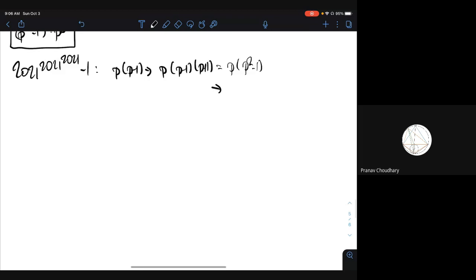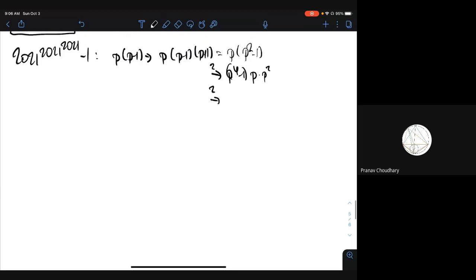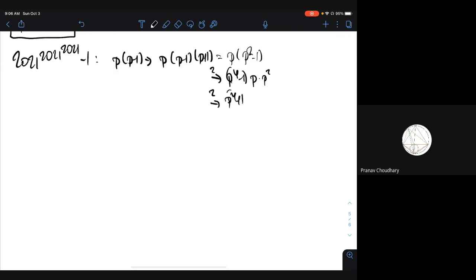And then from here, after two steps, by multiplying by p squared and then p squared plus 1, we can go to p to the 4th minus 1 times p times p squared. And then after two more steps, we can add 1 to this. So we can get p to the 4th plus 1, p to the 4th minus 1, p squared, p to the 4th. Then continue along.